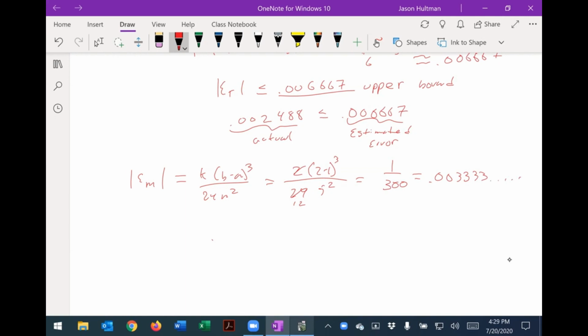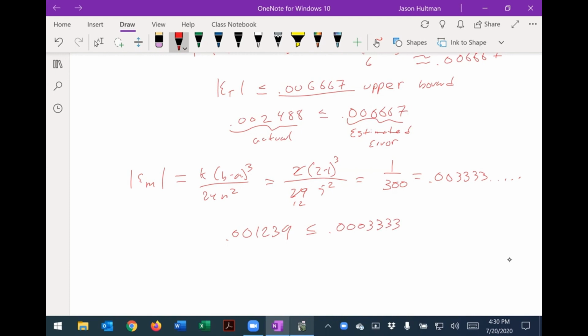Well, 0.003333 is greater than or equal to our midpoint error. This is backwards. Our actual midpoint error was 0.001239, and that is less than or equal to our estimate of 0.00333.